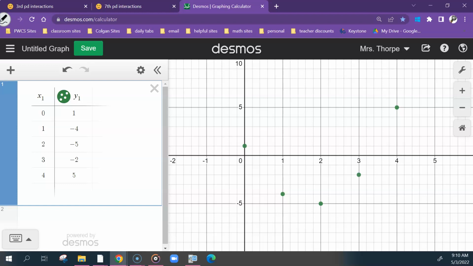Then we're going to put in our quadratic equation, but with all of the weird ones and squiggly lines.